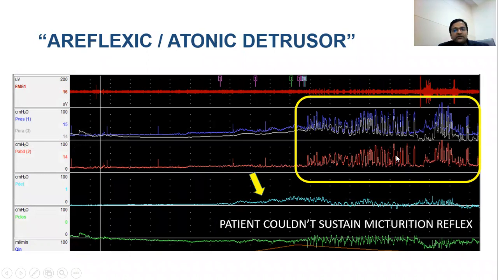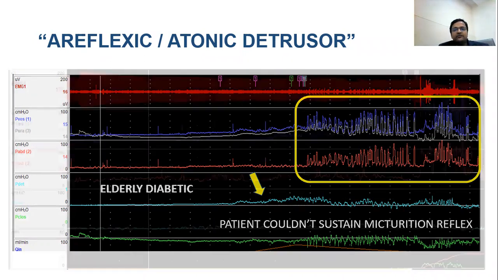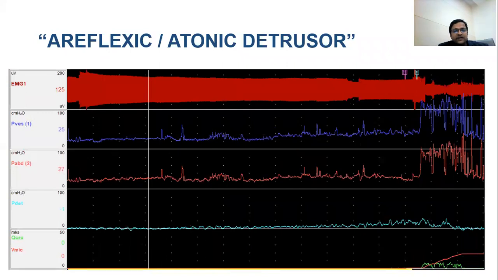Now, in this case, a micturition reflex was generated, which was very, very weak, but then it gave way to his habit of straining to void. Now, this is an elderly diabetic. I put it up purposefully to give a differentiation that this is a case of severe detrusor underactivity. We cannot say whether it's obstructed or not, but there is severe detrusor underactivity, and we should be careful about it.